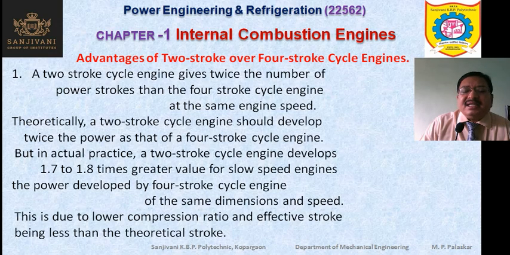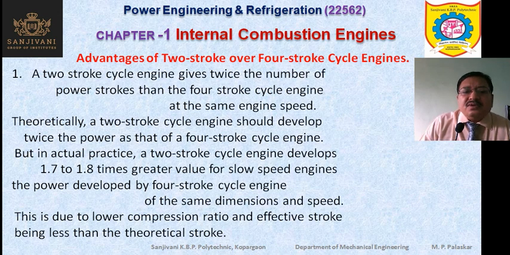But in actual practice we don't get twice the power. Hardly we get 1.7 times or 1.8 times greater power in 2-stroke engines if the speed is the same and the dimensions are the same.